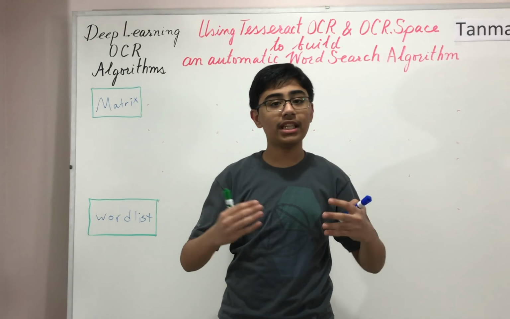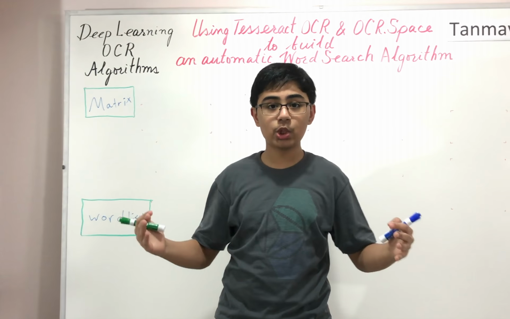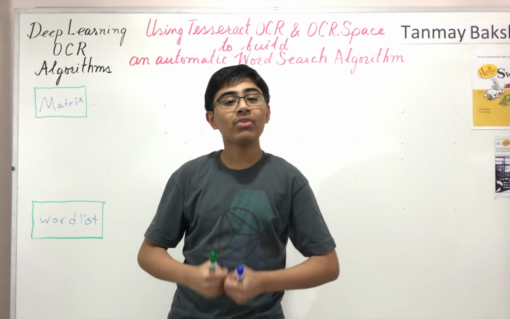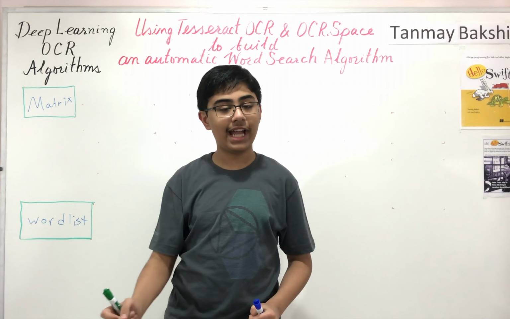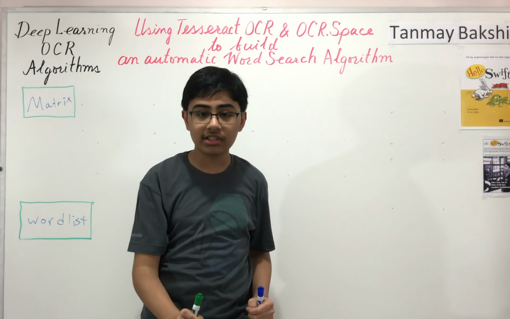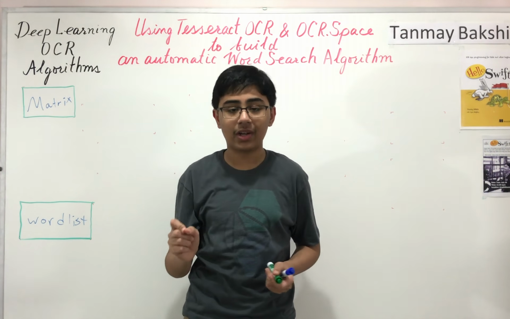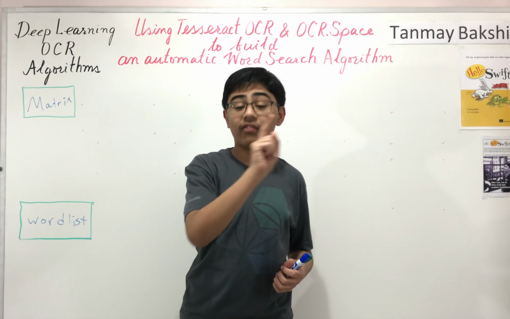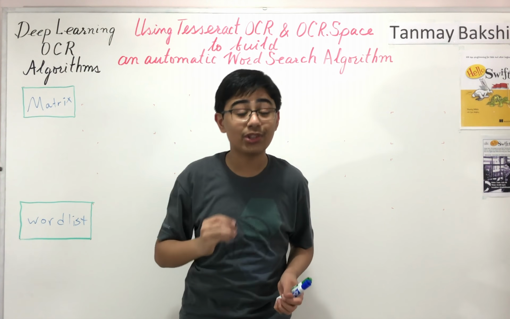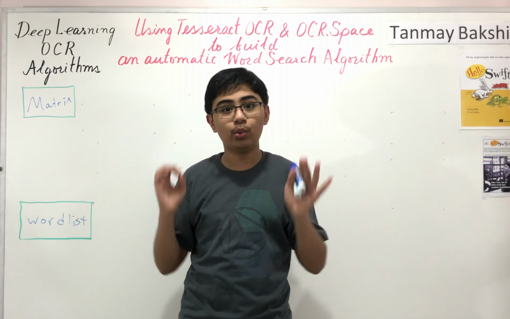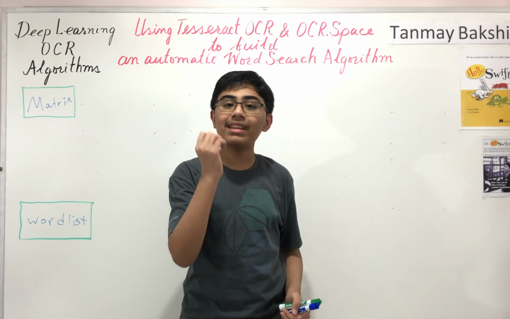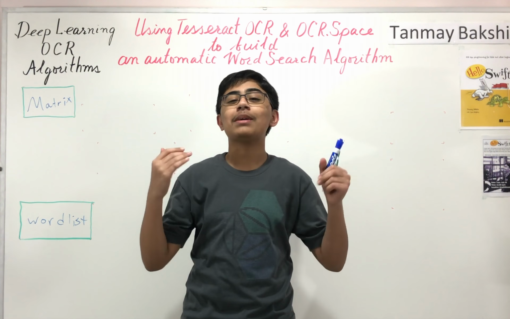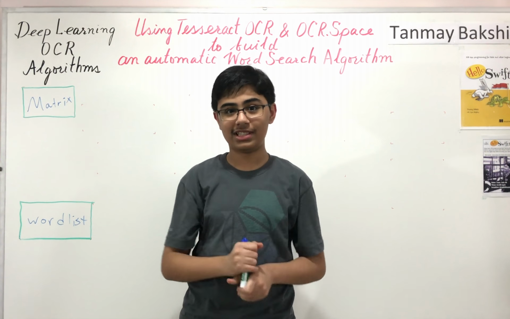So let's just say we've got a 14 by 14 matrix of letters that contain words, the word search. I can tell Tesseract that I know this is a square of characters, and it'll give me 14 lines of data, each with 14 letters with spaces in between each one. And this is absolutely great formatting for our Swift script because it becomes so easy to parse in the code. And when it becomes easy to parse, it becomes very easy to work with in our word search solving algorithm.